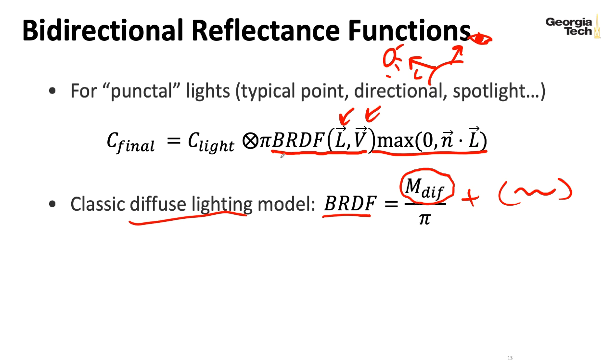Now, you maybe wonder what's going on with the pies. This gets into some of the more gory details of the technical mathematical underpinnings of computer graphics. The BRDF here has a pi in the denominator that acts as a normalizer in the way this thing is defined. I've toyed around with the idea of putting more mathematical details in this class, but I ultimately decided that for the purposes of this class, I would like to focus a little more on the programming aspect.